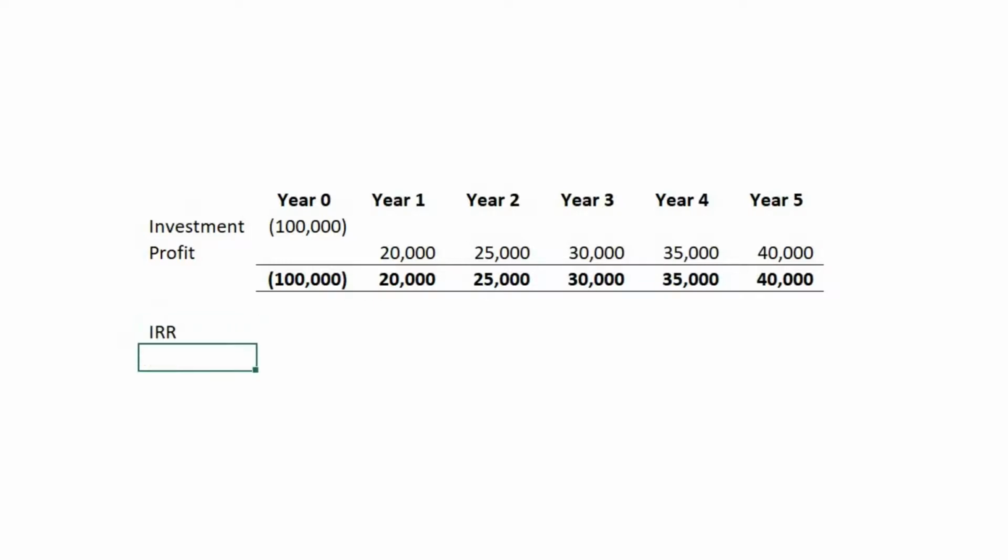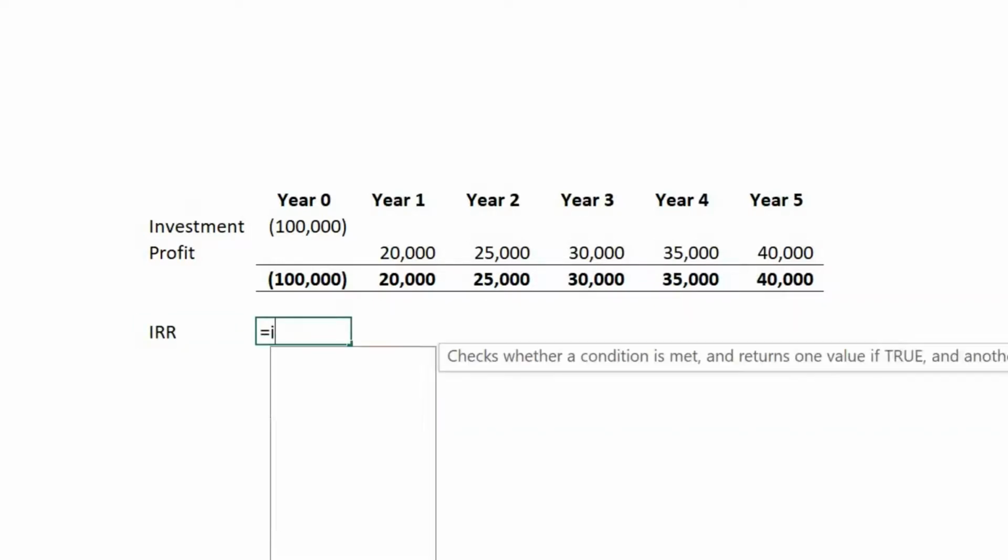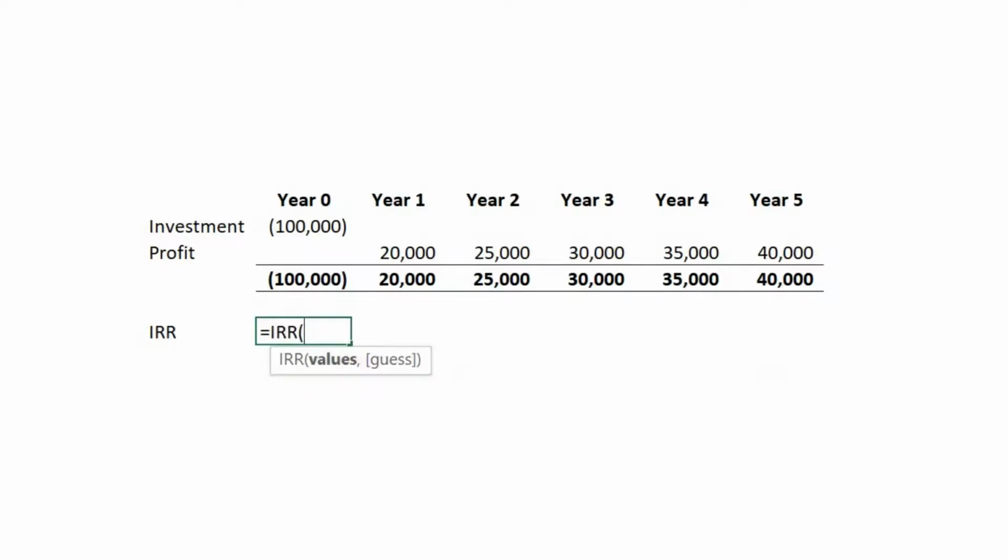Now we will calculate IRR of this investment using the built-in function in spreadsheets. IRR brackets, we will select all the values of investments and it will give us the IRR of this investment, which is 13.45%.